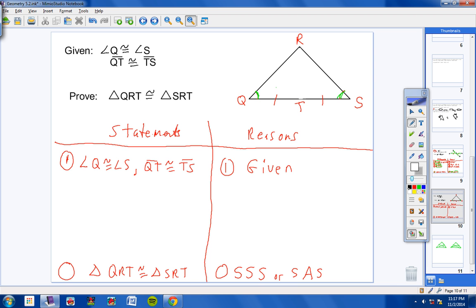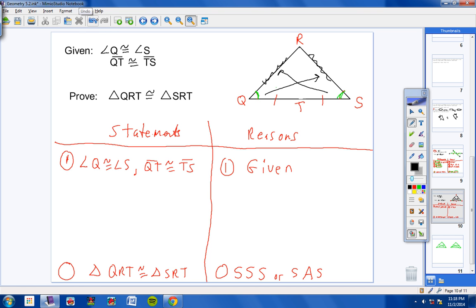And remember, when two angles in a triangle are congruent, then their opposite sides are congruent. So we can definitely state that this side here is congruent to this side here. We can definitely state that. Do you see that? Because anytime you have two angles in one triangle congruent to each other, then the sides opposite those angles will also be congruent.